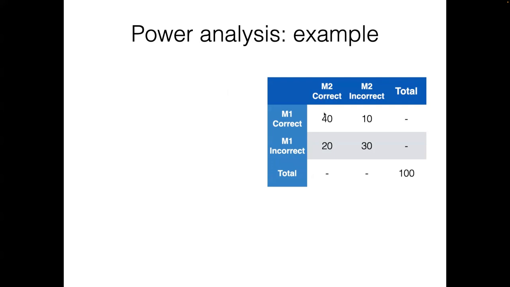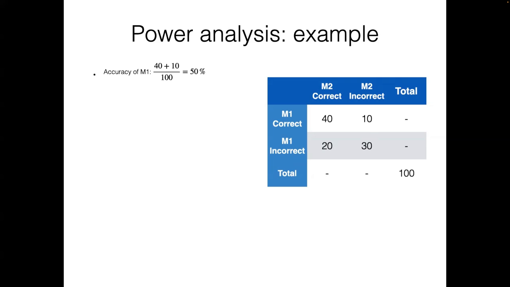Then you could come up with this contingency table, which looks at cases where both systems are correct, where model 1 is correct and model 2 is incorrect, vice versa, and where they're both incorrect. In this case, we have 100 test points, broken up based on what is correct and incorrect.